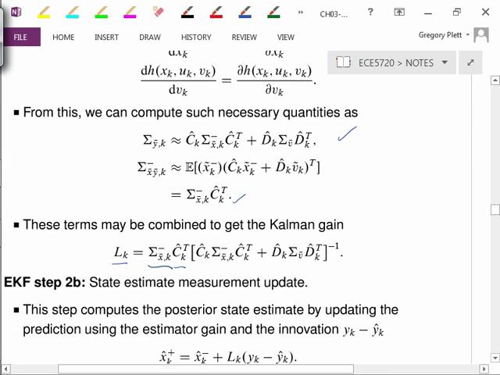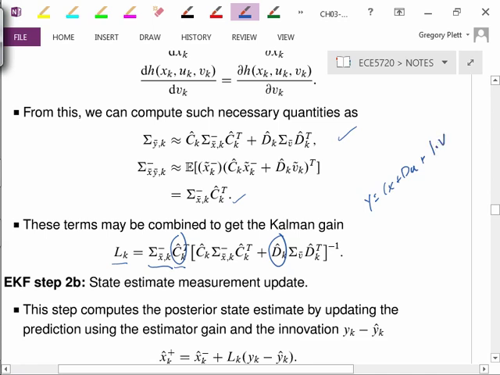It has almost exactly the same form as the linear Kalman gain, except there's c hats instead of c's, because this is the linearized C matrix, if you will, at this point in time, and it has d hats as scaling on noise, because I'm not simply adding noise. So the original output equation had y equals c x plus d u plus 1 times v.